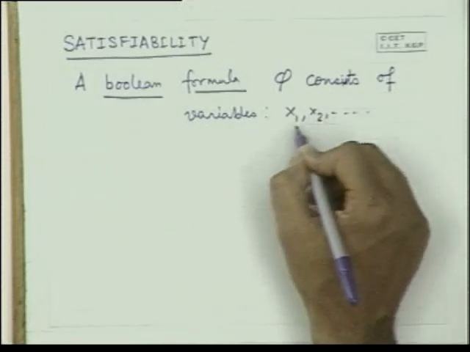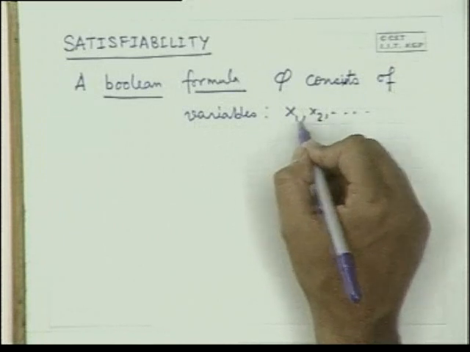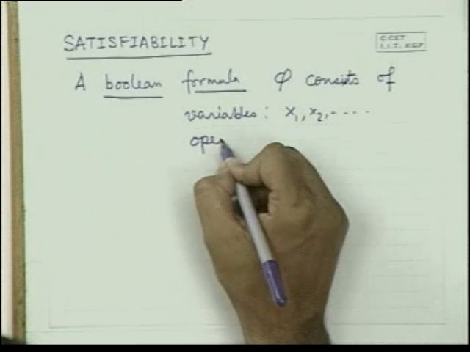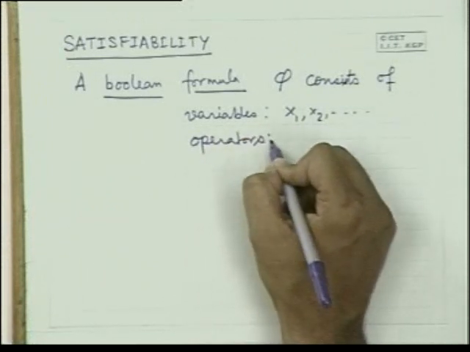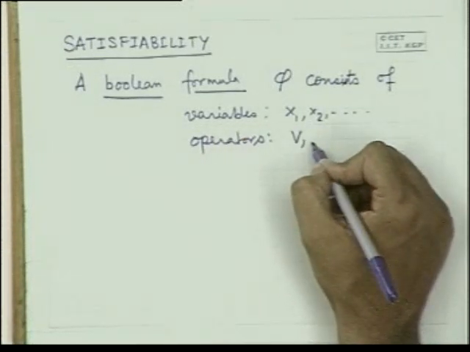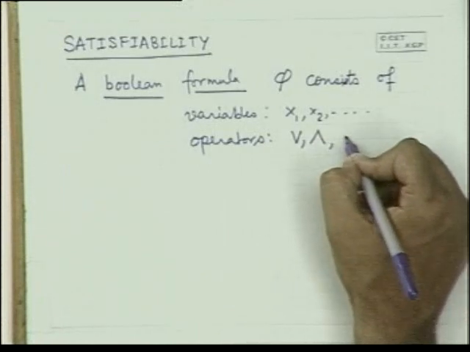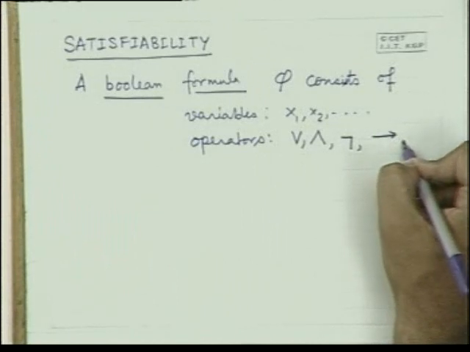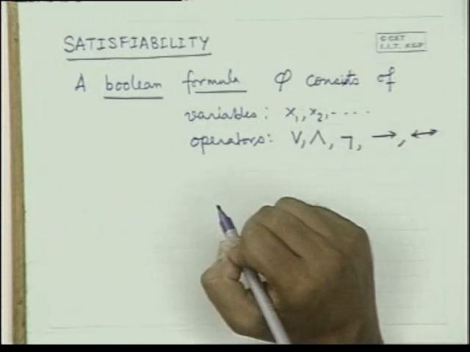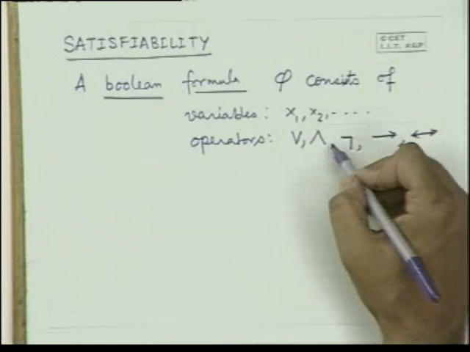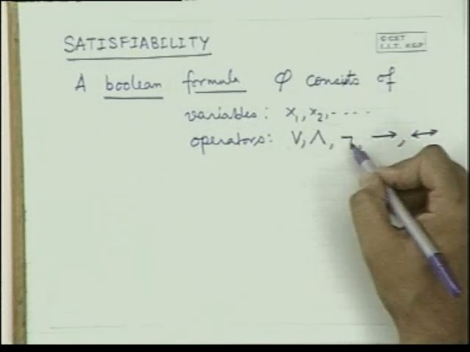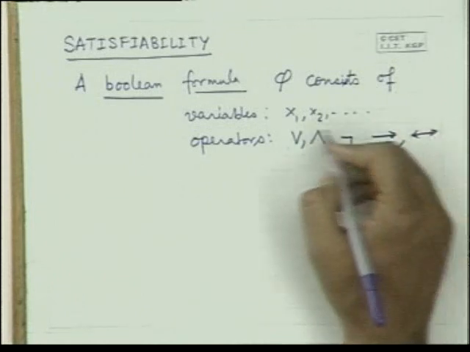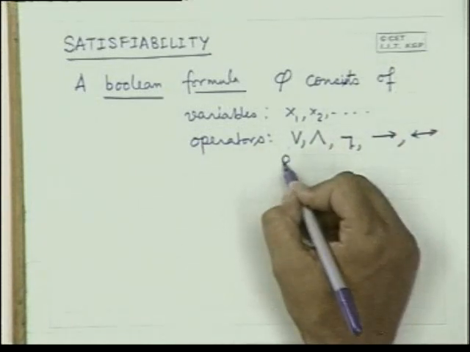Don't get confused with these x's. These are not strings, they are just variables for a Boolean formula. Then operators. What are the operators? Or, and, not, implication, bi-implication. So these are the operators. And there are some parentheses, of course.